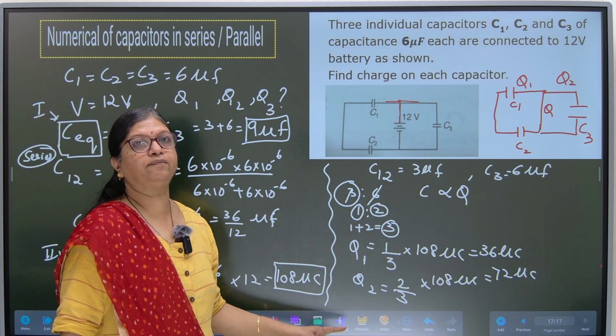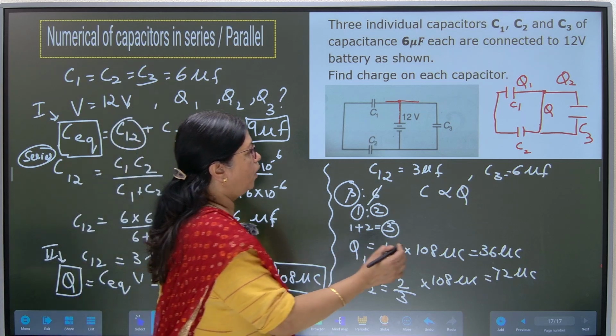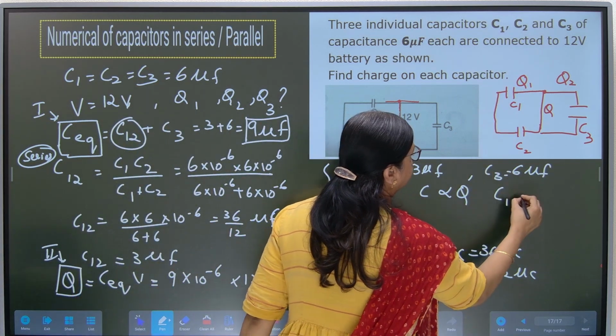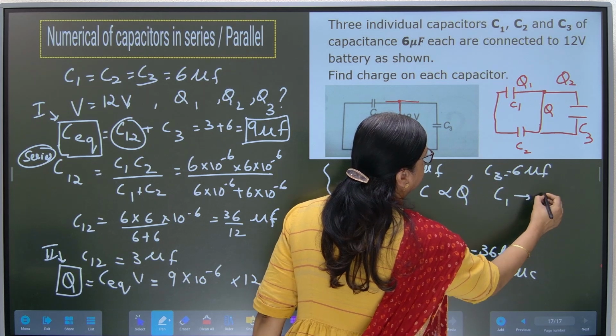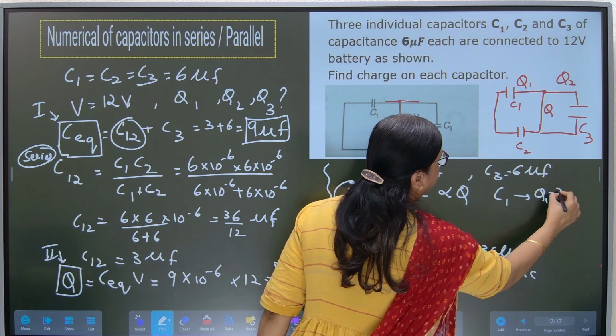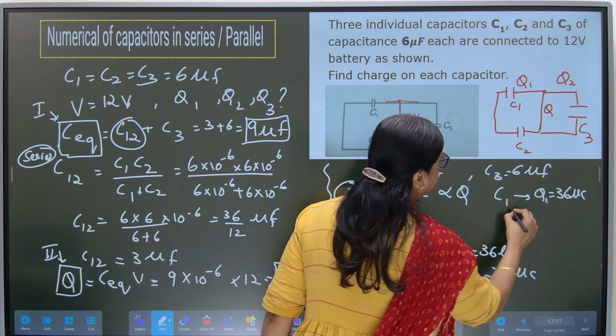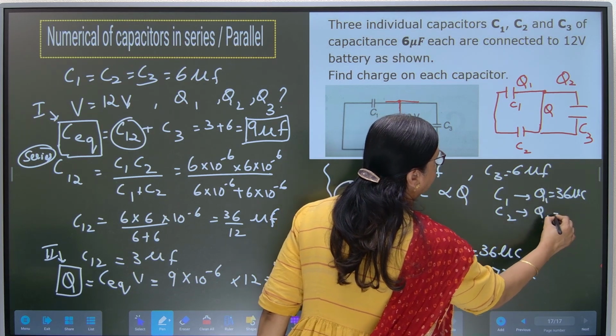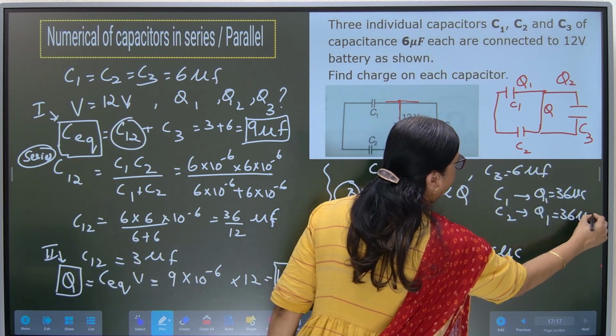So Q1 I have, Q2 I have. Therefore, charge on C1 is Q1, equal to 36 microcoulomb. Charge on C2 is also Q1 only, 36 microcoulomb.